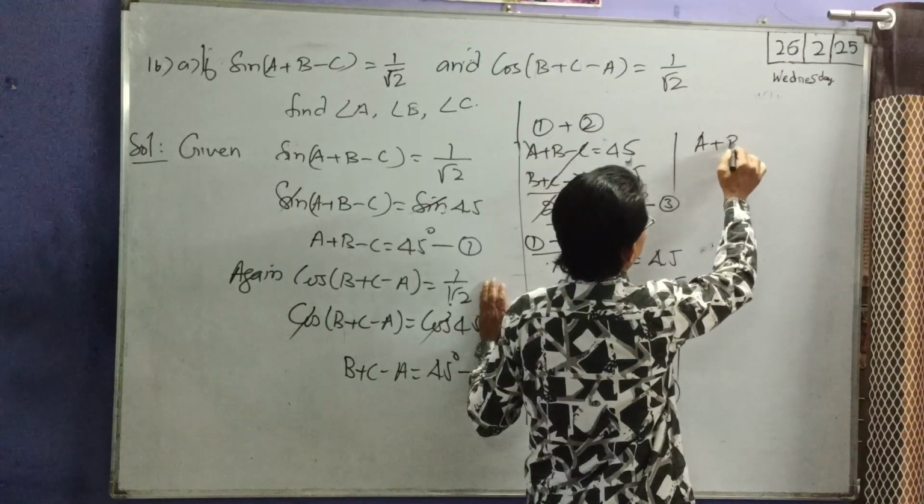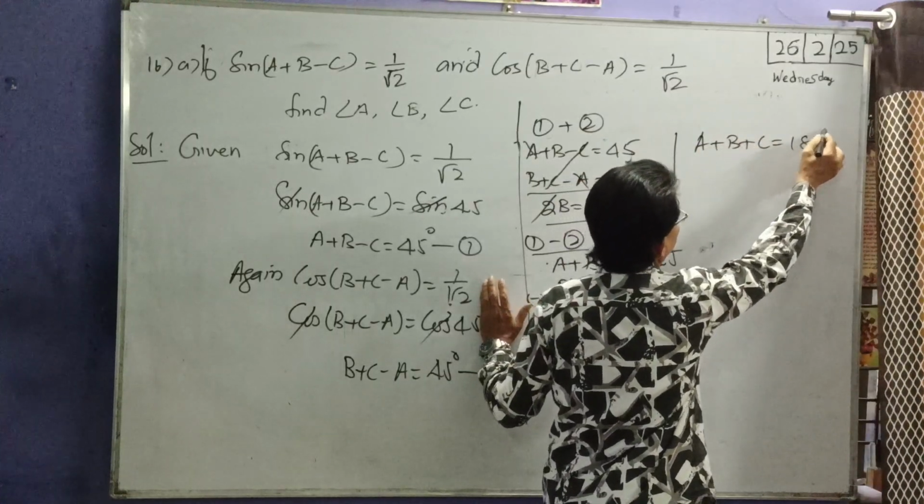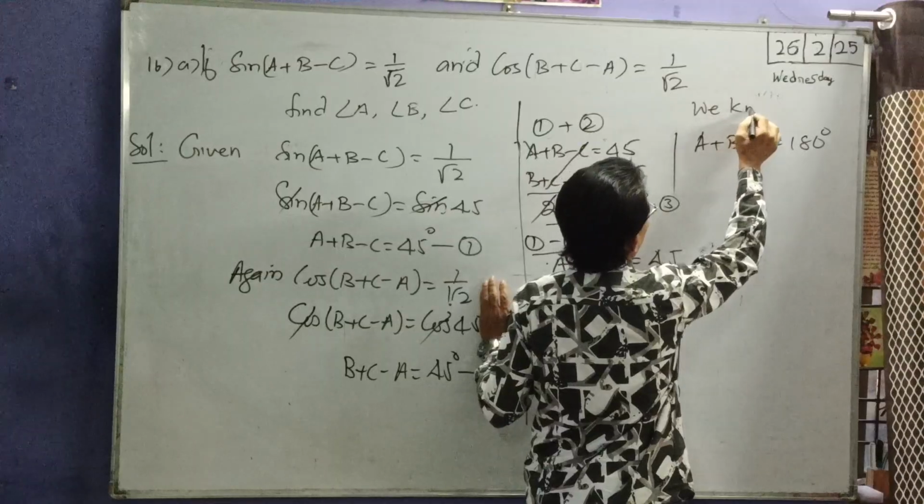A plus B plus C is equal to 180 degrees.